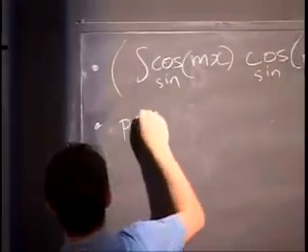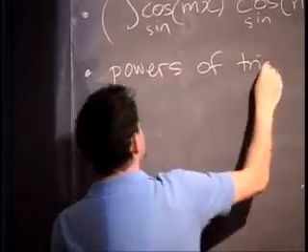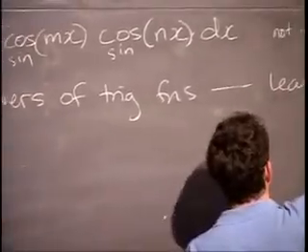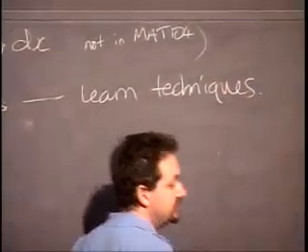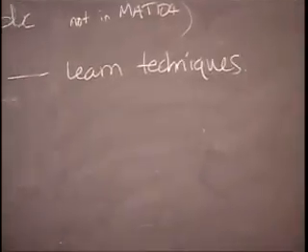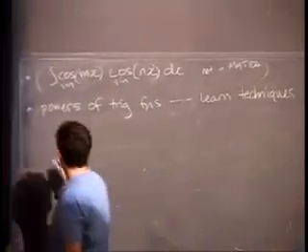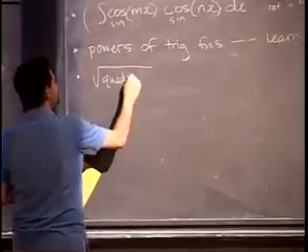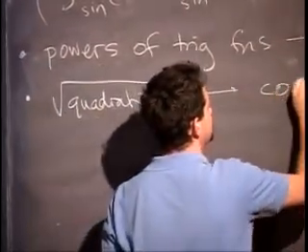On the other hand, something that you do need to know in Math 104, powers of trig functions, learn the techniques that I spent the first 45 minutes of this class dealing with. If you have a square root of a quadratic, maybe complete the square.